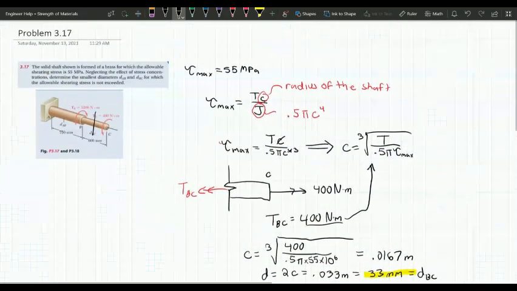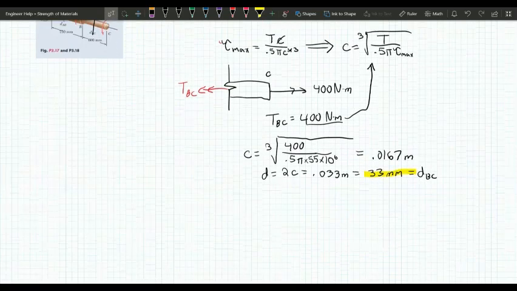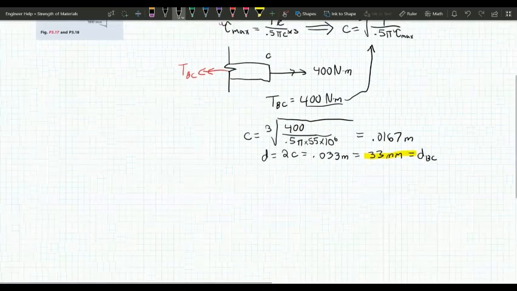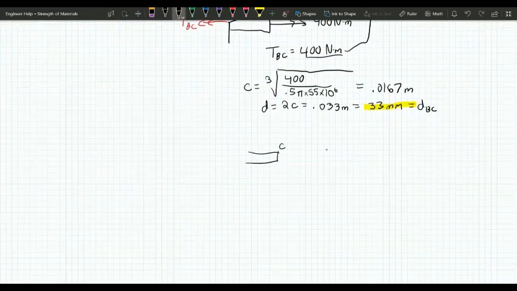All right, now let's do diameter AB. So we're going to take a cut over here, right? So again, we have our C, and then this time we have B, cut over here.